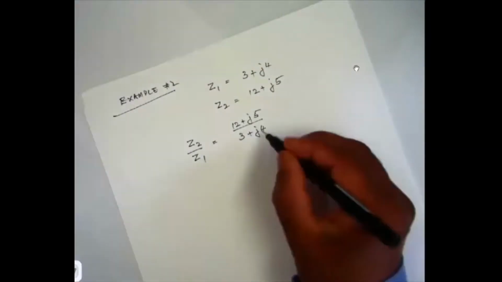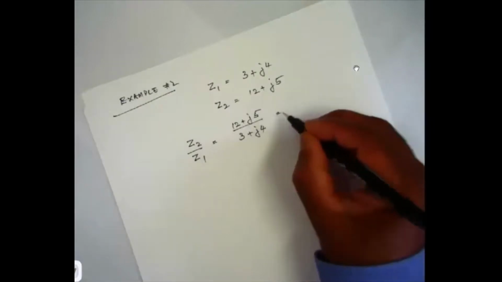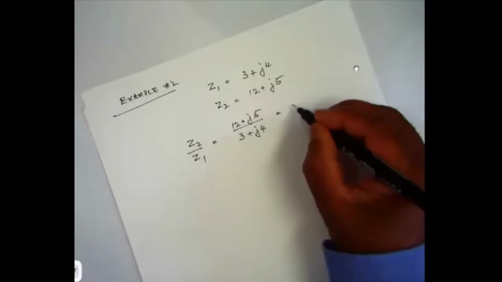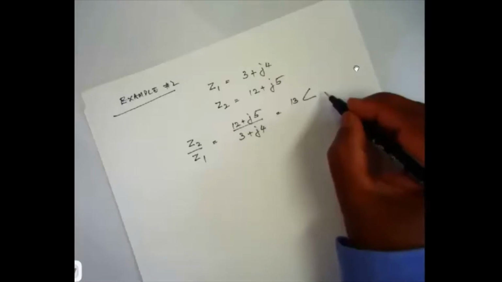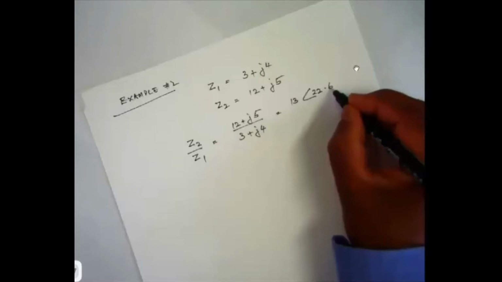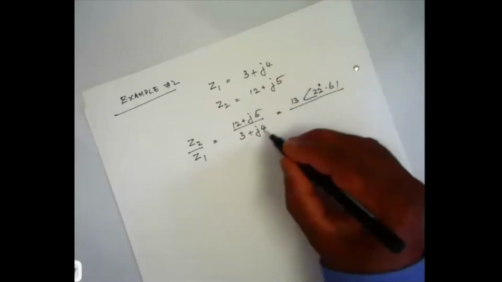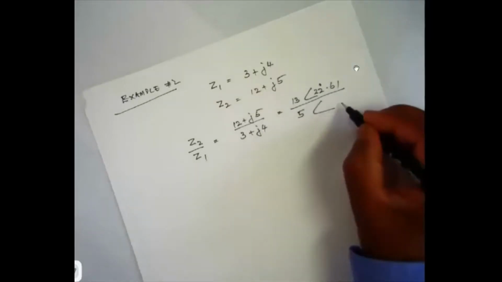Now this is very difficult to do directly, so what we do is we use the polar format. Z2 we found is 13 angle 22.61, and that is divided by 3 plus j4, which is 5 angle 53.13.